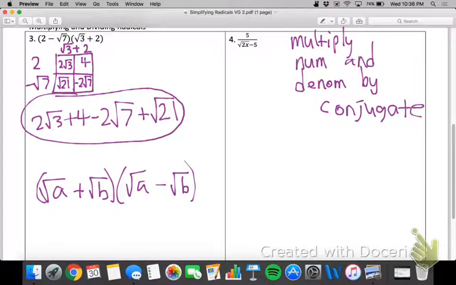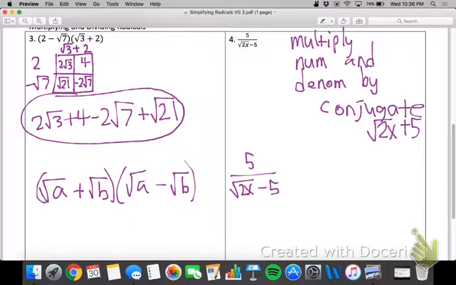So in this problem, the conjugate is going to be square root of 2x plus 5. So it doesn't matter that only one of those things is a radical. So when I do that, I have 5 over square root of 2x minus 5.